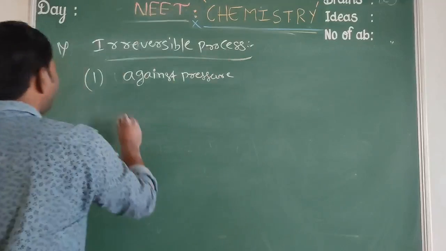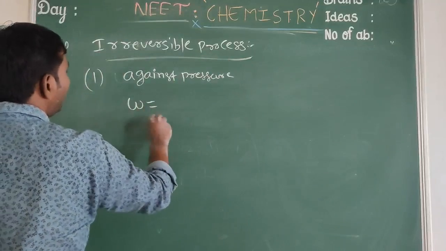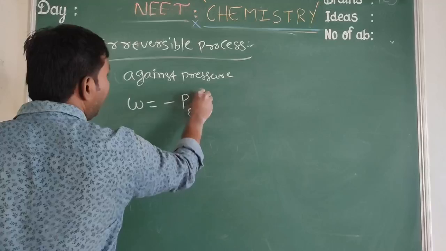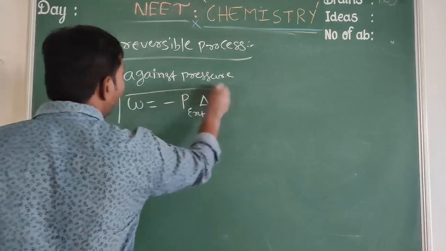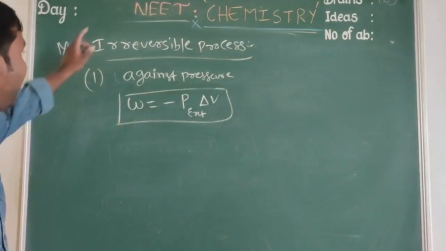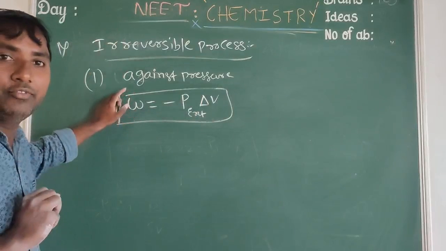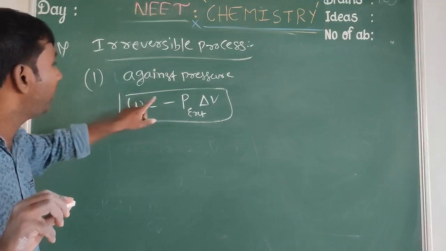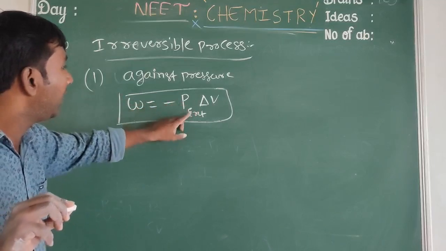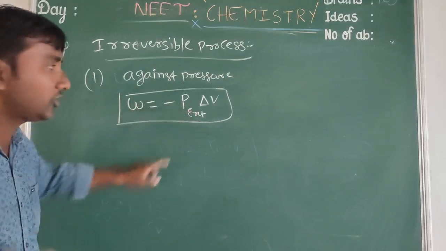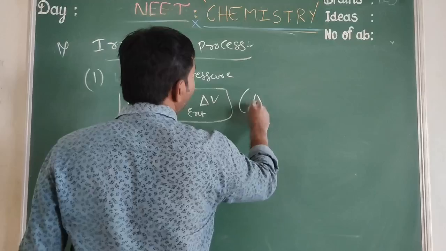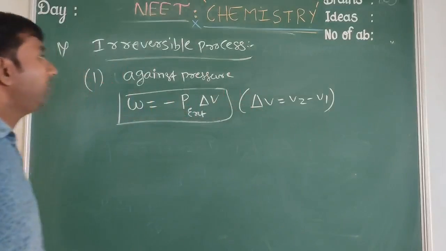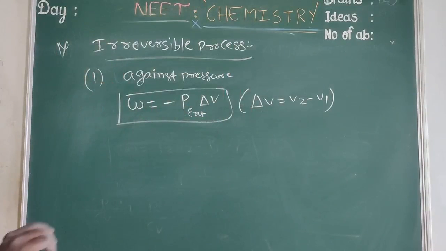If this comes, W equal to minus P external into del V. Here P is the external pressure. Here del V means V2 minus V1.